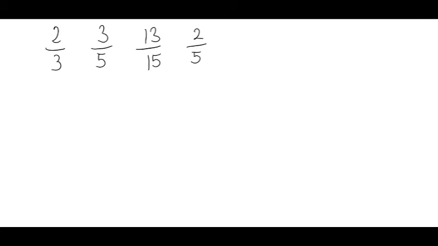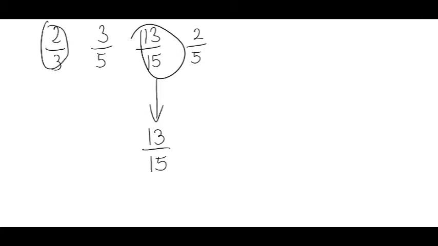And so now this one, of course, this one here is already in that form. So we can leave that as it is. This one, well, this is in thirds, so we need to get that denominator 3 up to 15. So you think about how we would multiply that to get into 15ths.